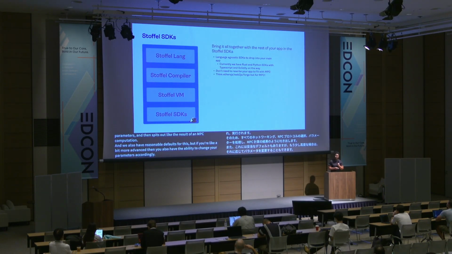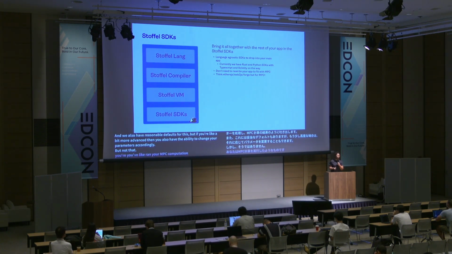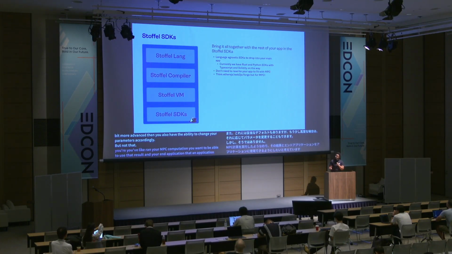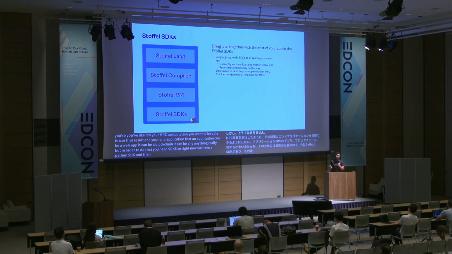But now that you've run your MPC computation, you want to be able to use that result in your end application. That end application can be a web app, it can be a blockchain, it can be anything really. But in order to do that, you need SDKs. Right now we have a Python SDK, and our Rust code is all crates, so you can use it as an SDK, but it's not packaged nicely in an SDK quite yet.